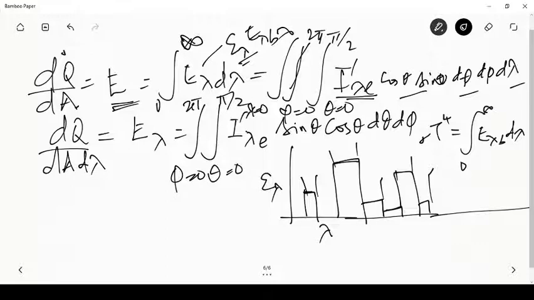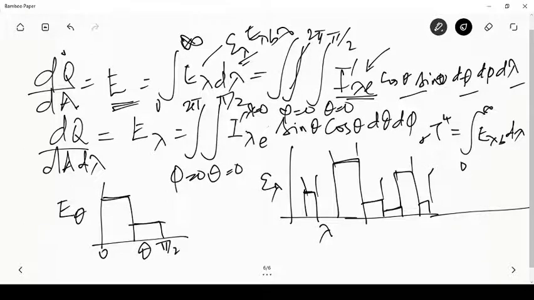In the same fashion, for the integrals over thetas and phis, suppose I can say this E theta as a function of theta can be written as, okay, it's some constant here and some other constant here between, let's say, 0 to pi by 2, or maybe more steps. So these constants can then help in taking this. This I prime lambda e for a black body is a constant.